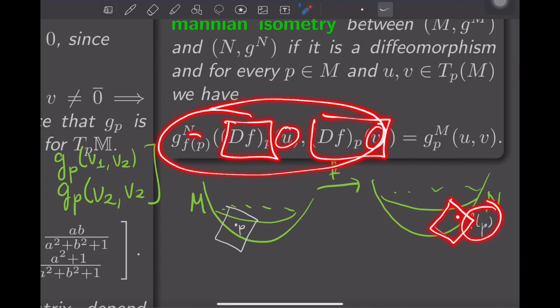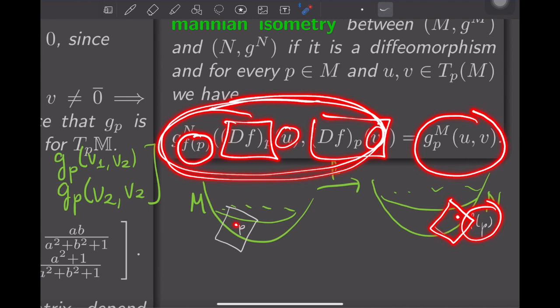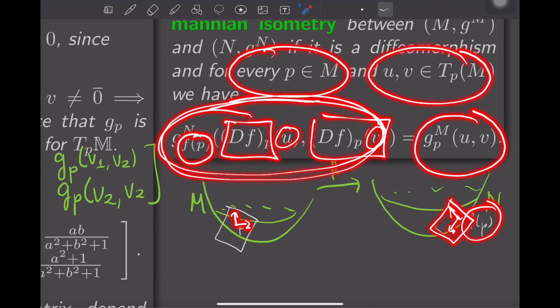I say that f is a Riemannian isometry if that pairing coincides precisely with the original pairing. Their pairing here coincides with the pairing between their images. And this is everywhere, for every p and for every pair of tangent vectors.